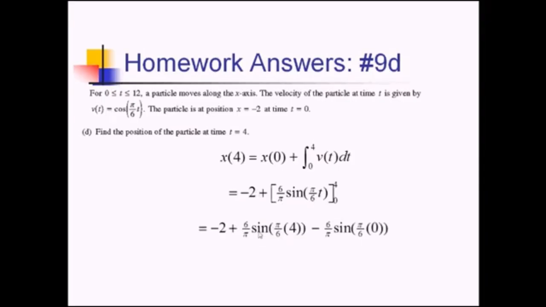So if I do sine of, let's see, essentially 2/3 pi, that's essentially sine of 120, which is going to end up being radical 3 over 2. So we have 6 root 3 over 2 pi, which is just going to be 3 root 3 over pi. 6 and 2 cancel out.